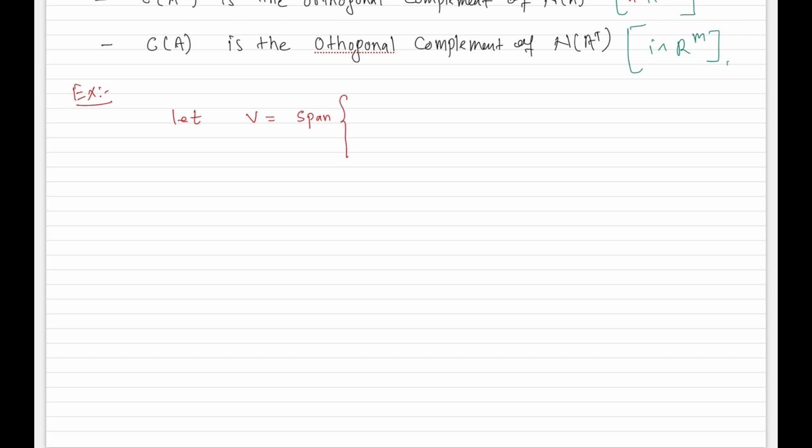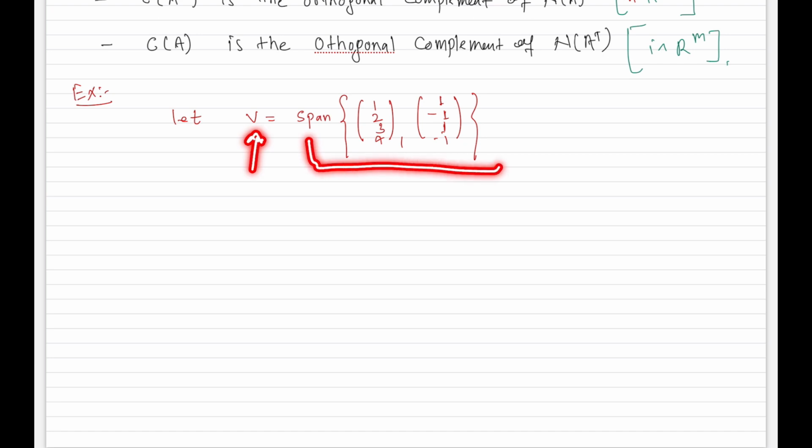So let's suppose you have a space formed with these two vectors, or you can say the span of these two vectors, or the linear combinations of these two vectors. So you have this space V, right? Their basis is these two vectors, and the complete space V is described by the span of these two vectors, right?